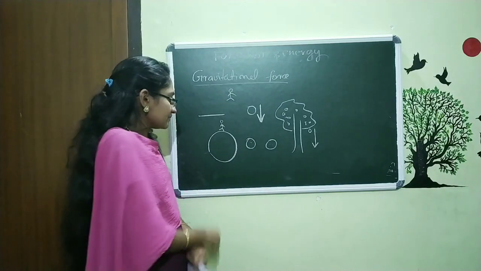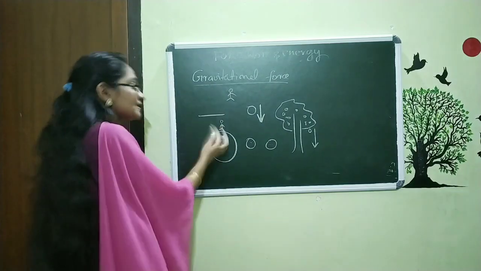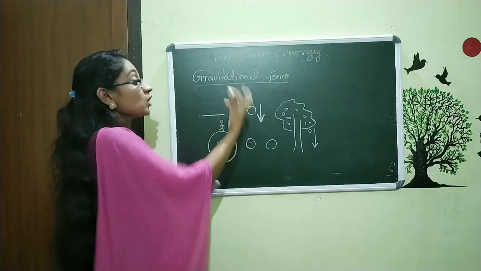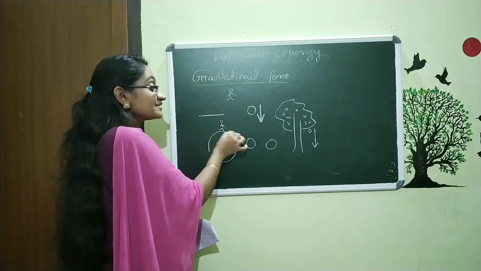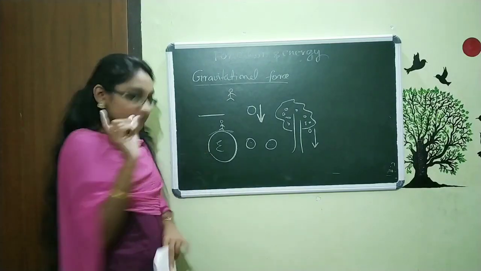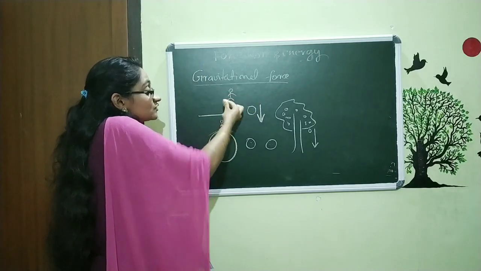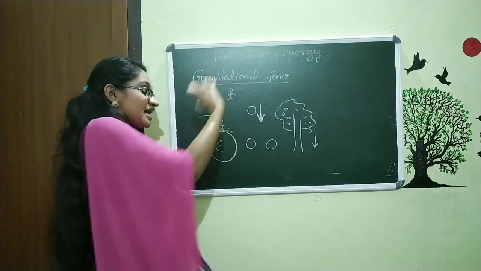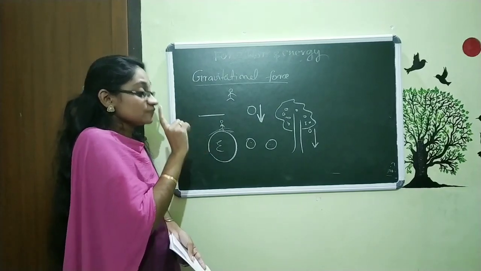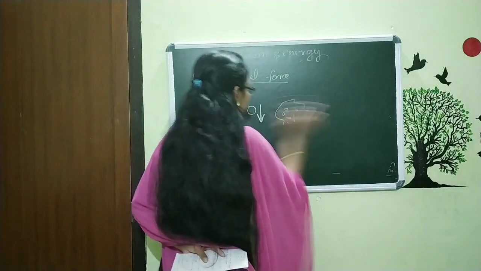Generally we say, within your limit, that gravitational force is the force by which all objects are attracted towards the surface of the earth. It's okay, but actually it's not like that. So you just study the definition as: when an object comes towards the earth's surface, it is getting attracted. The reason is the gravitational force, and don't think this is only for the earth.